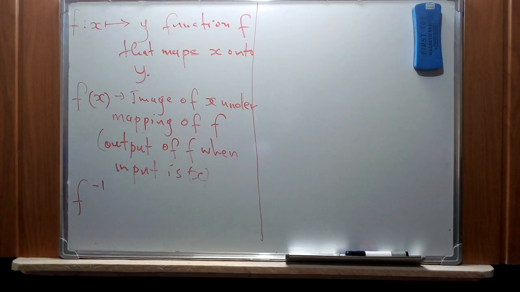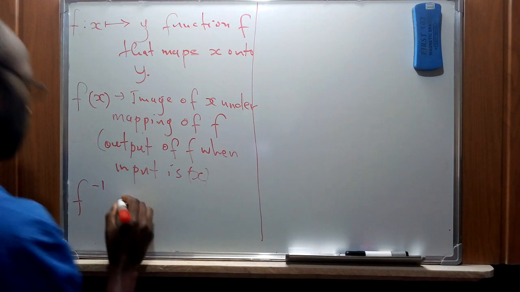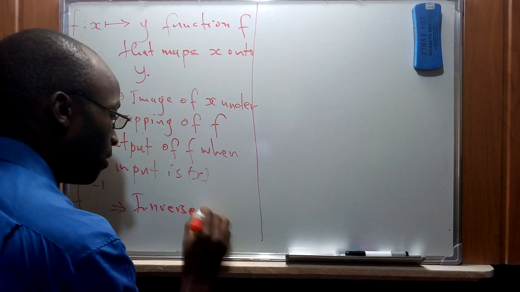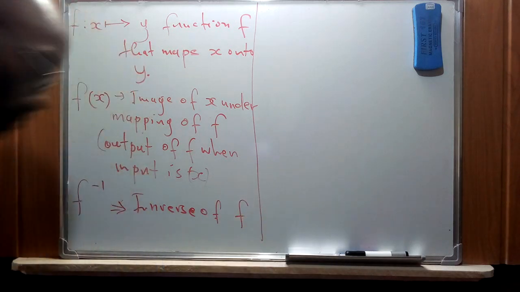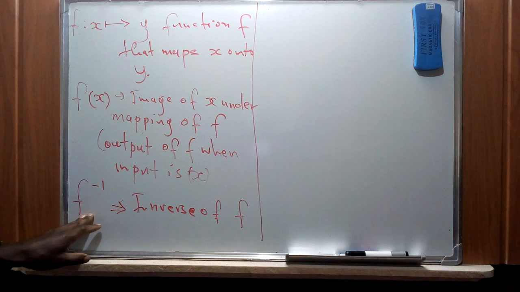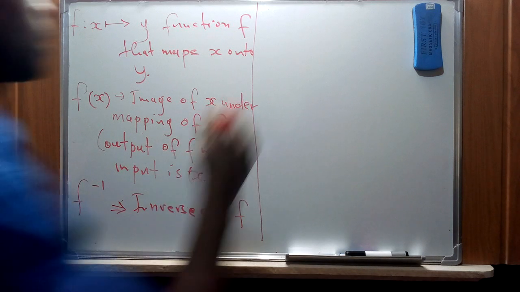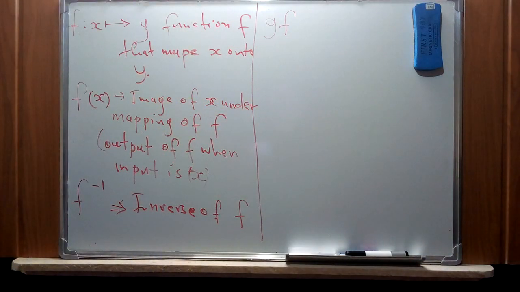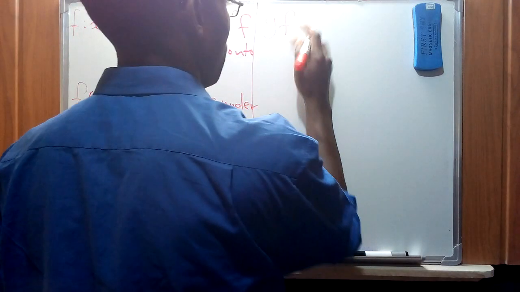So there's another symbol, number 3, that is F with a superscript negative one over there, but we're going to give it a name. This one refers to the inverse of a function F. So that symbol refers to the inverse of F. And we might have another symbol that is GF, which can have an interchange of FG.